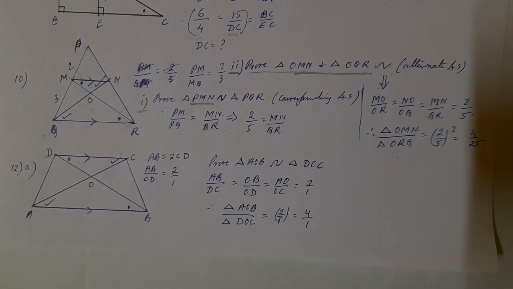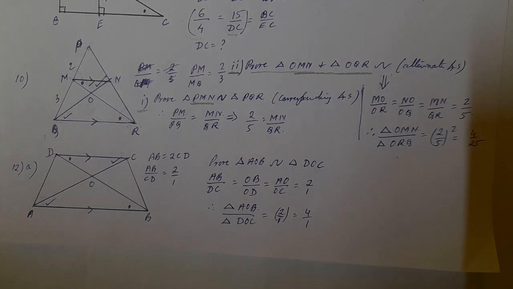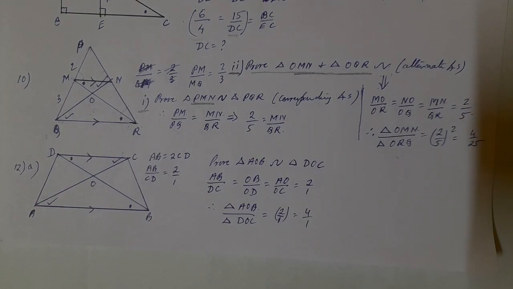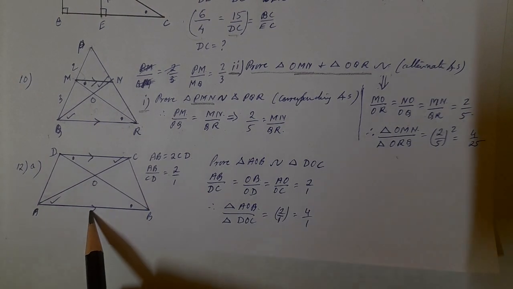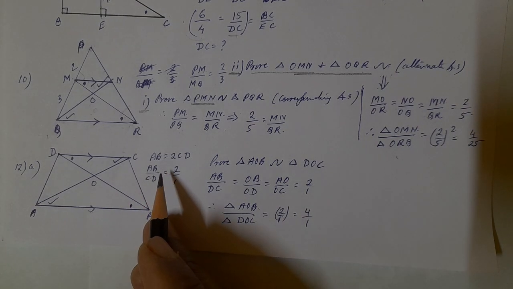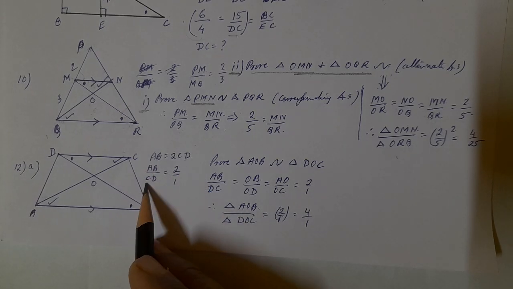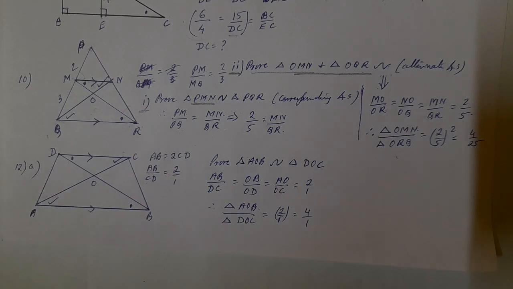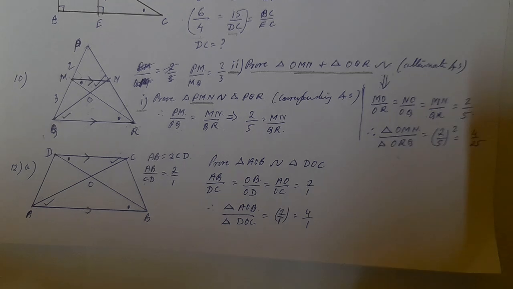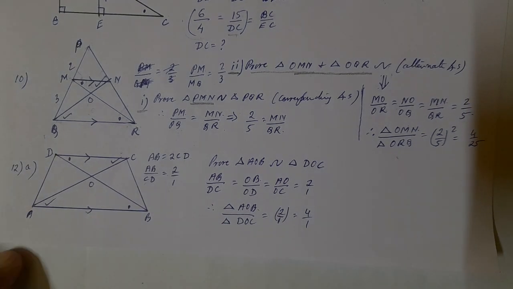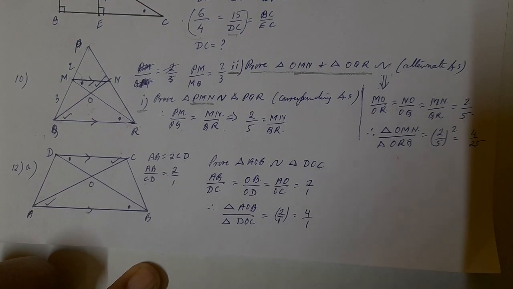It's given over there that ABCD is a trapezium, and if it's a trapezium, then this and this are parallel. AB is parallel to DC, and it's also given that AB is equal to 2CD, so AB by CD is 2 by 1. Then determine the ratio of triangle AOB by COD.